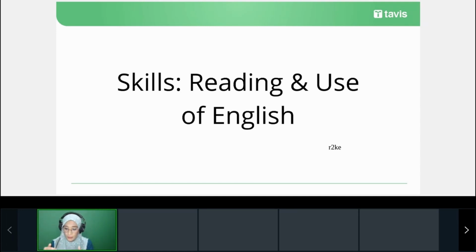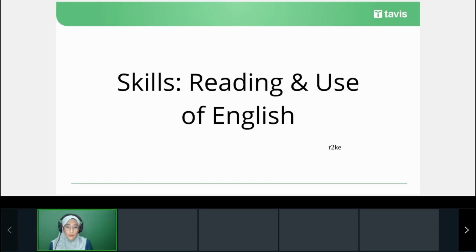Again, look at the options given and the answer, and see which one is which. If you think it's not relevant, then just cross it out. So maybe you have your best answer already. This is the tip for yesterday, R2KE.